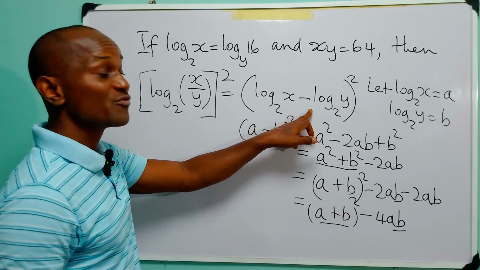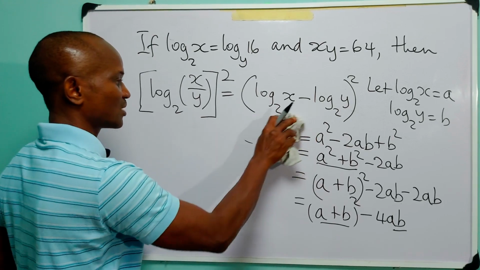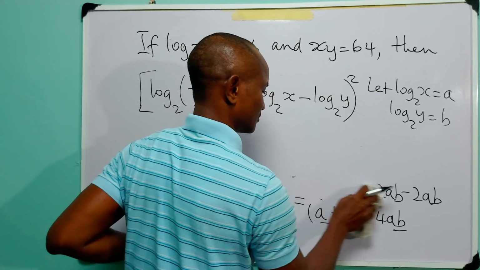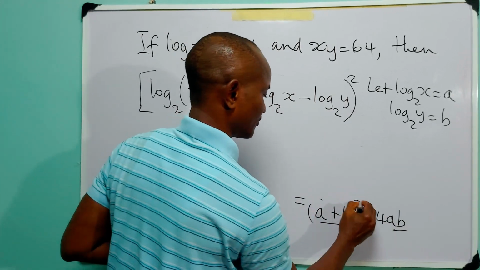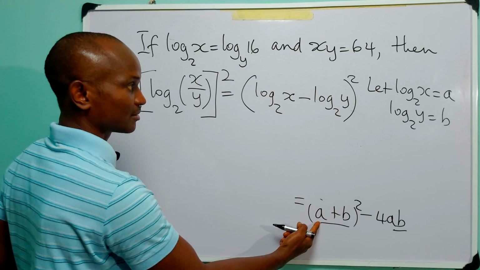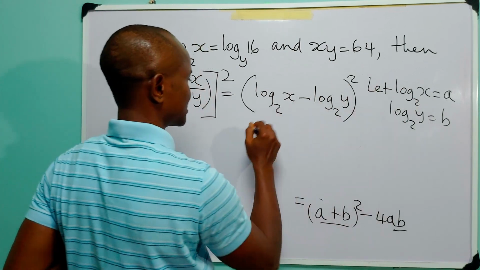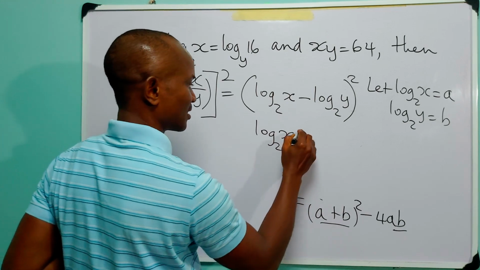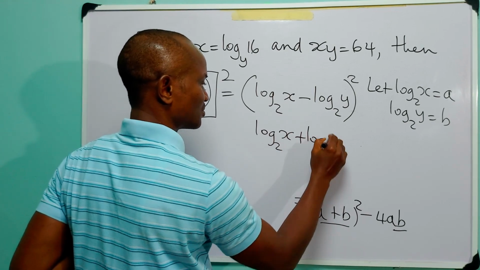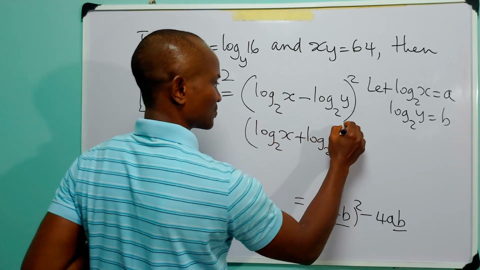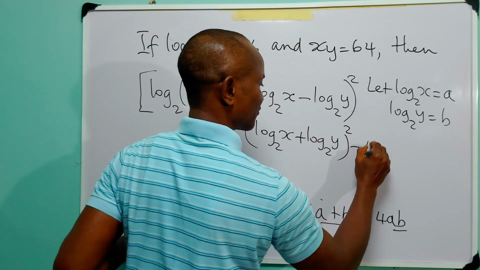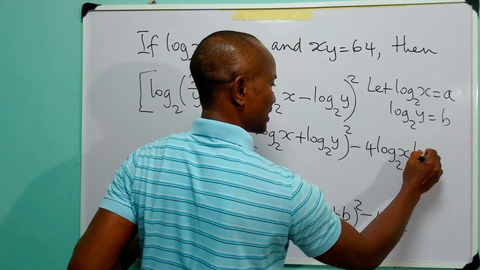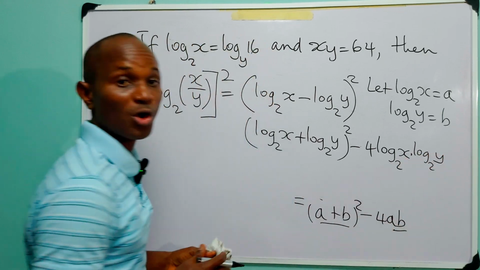Now going back to the original statement, remember that a is equal to log to base 2 of x. So we have log to base 2 of x plus log to base 2 of y, all squared, minus 4 times log to base 2 of x multiplied by log to base 2 of y.